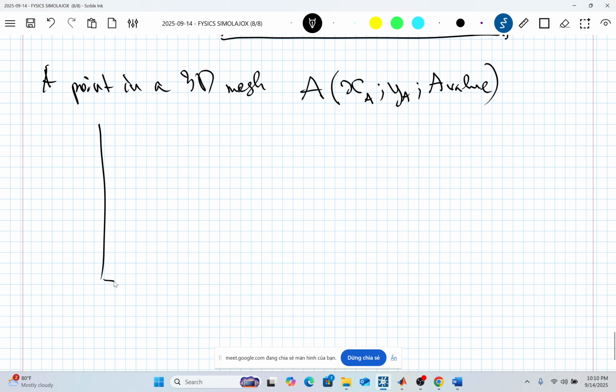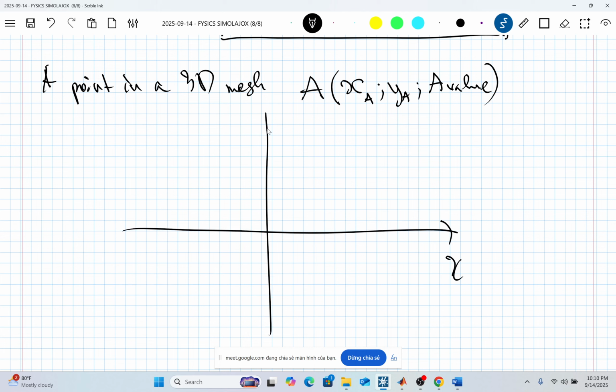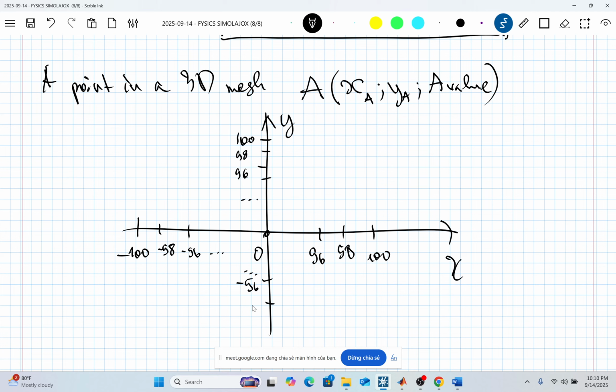I will have an x, y here. My x is going to go from minus 100, then minus 98, minus 96, and so on, to 0, and then to 96, 98, and 100. Similarly my y will be 100, 98, 96, and so on, and this is going to be minus 96, minus 98, minus 100, right?